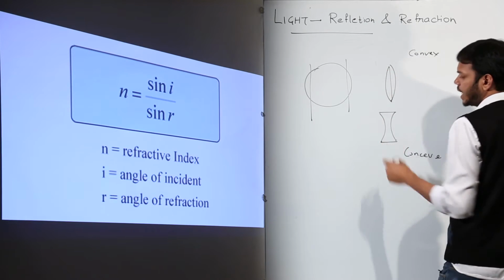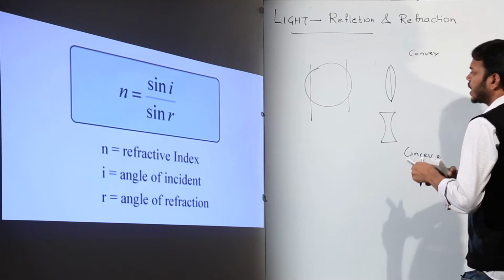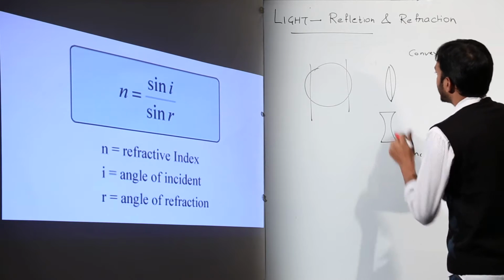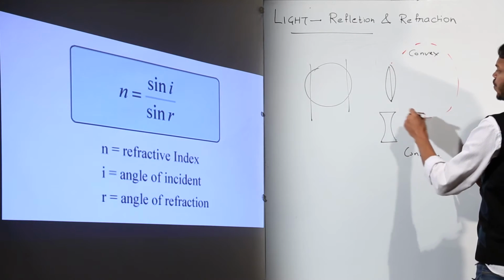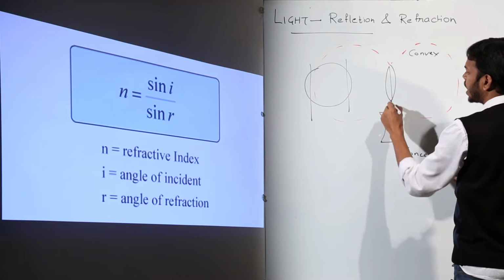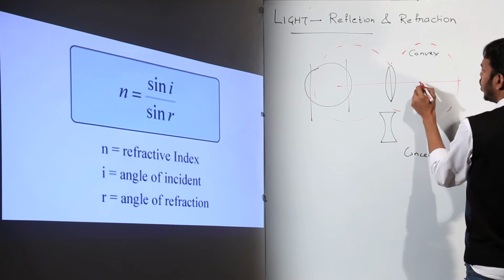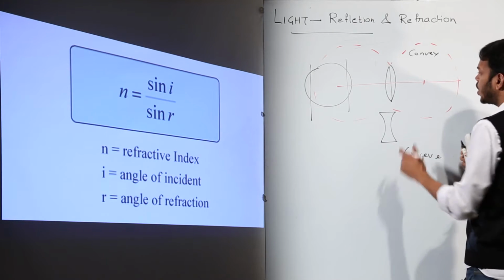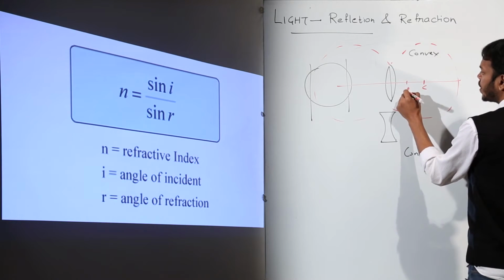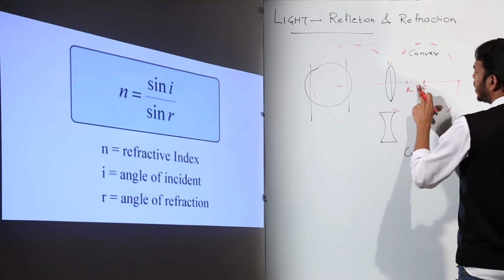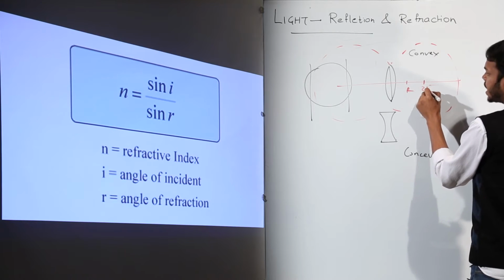These two curved sides are actually parts of big spheres from which they are carved out. That is why they also have the same center or radius of curvature, half of which we will be calling focus or F. So I am removing C and writing it as 2F.